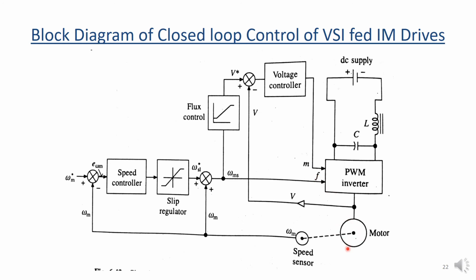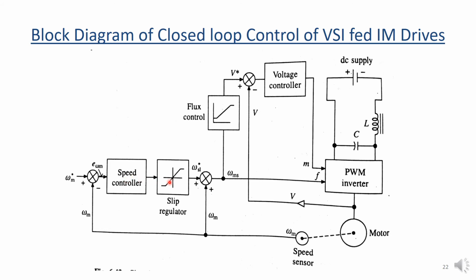For this induction motor, the speed is sensed using a speed sensor, that's omega m, which is given to a comparator. We have a reference speed and the actual speed omega m. The output error signal is given to a speed controller. Basically the speed controller is a PI controller.